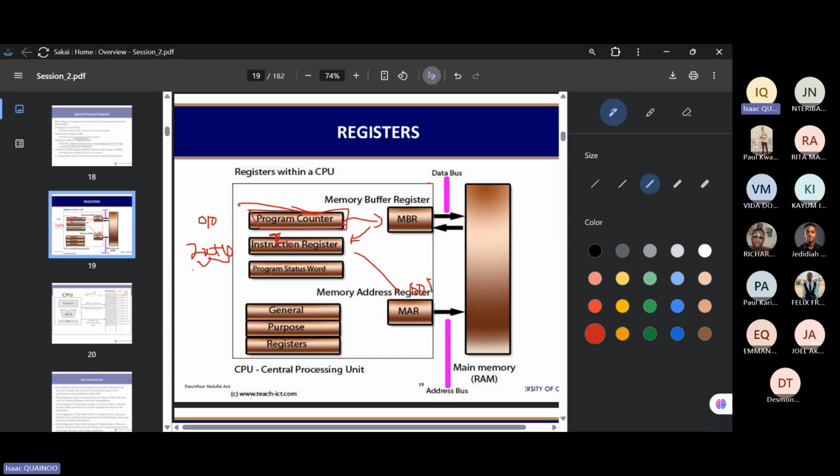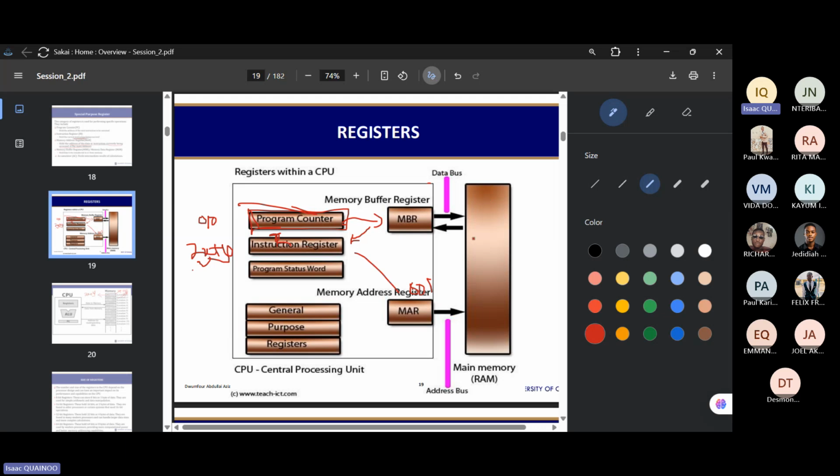And one of them is a program counter. And what the program counter is doing here is that it will keep the location of the next program to be performed or executed. So once it has a location, now it means that the registers or the memory buffer register now has an idea of the next program that is to be performed.